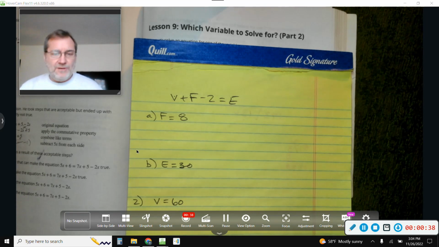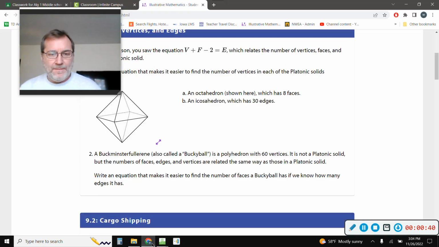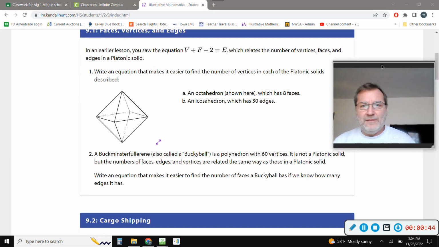They start out with this little octahedron, then they go to an icosahedron. In an earlier lesson we had this equation: the vertices plus the number of faces minus 2 equals the number of edges. It says write an equation that makes it easier to find the number of vertices in each of the Platonic solids as described.